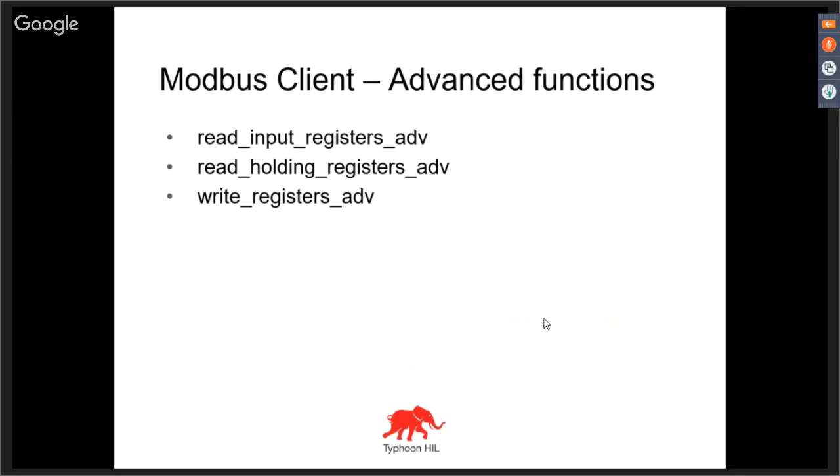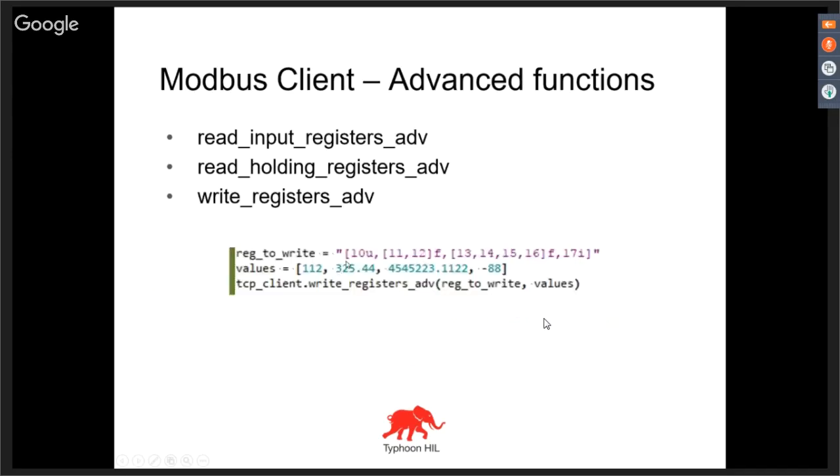Advanced functions. The advanced functions are presented for 16-bit registers, and you have the read input register advanced, read polling register advanced, and write register advanced functions. And what makes these functions advanced is how you specify what register address you want to read or write.